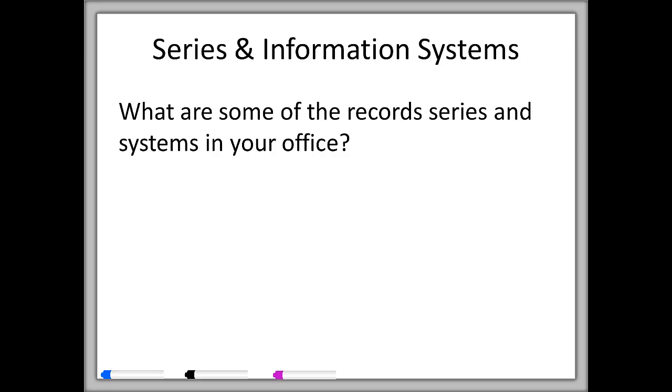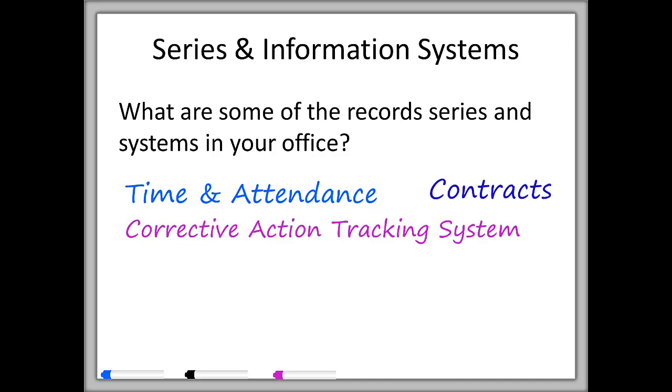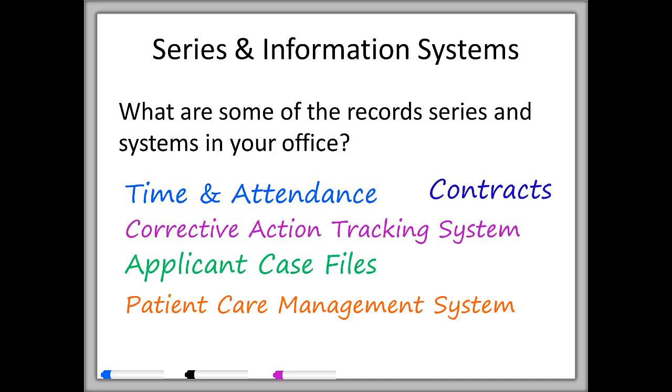Each agency's situation is different, but depending on the work you do, you might have time and attendance records, contracts, audit tracking systems, case files, case management systems, or any number of other types. A series inventory focuses on your organization's information at this level, not on individual files or documents, but on the types of information you have.